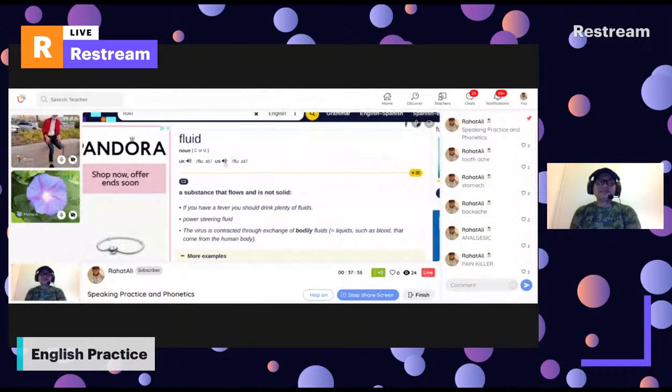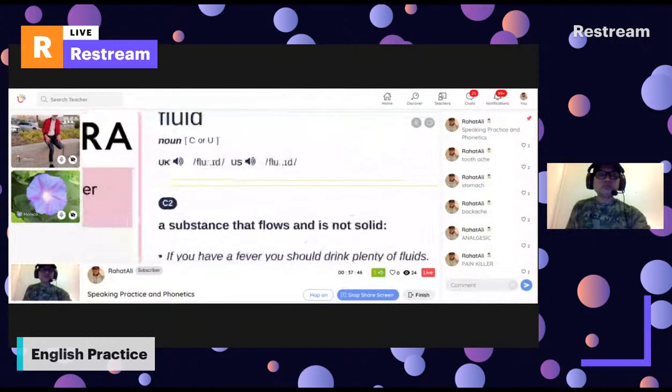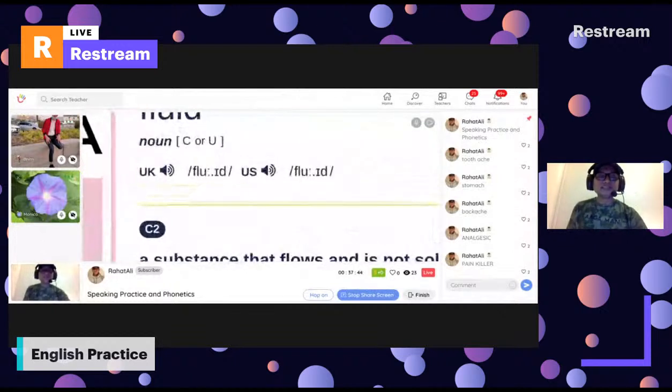And this is American for Monica. Fluid. It's a longer sound. Okay, remember if you ever see this double dot, can you see the double dot here? Yes, teacher. Double dot means its sound should be a bit longer, and single dot means you have to stress on that word, fluid.